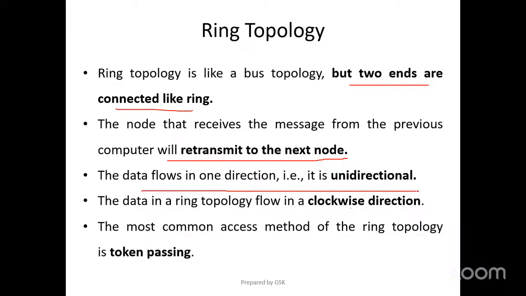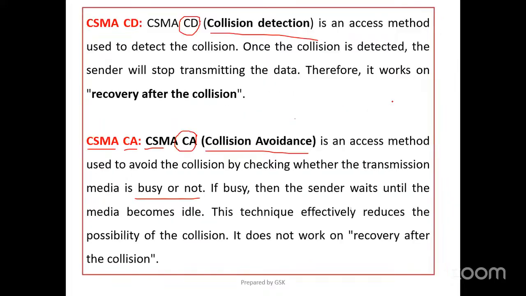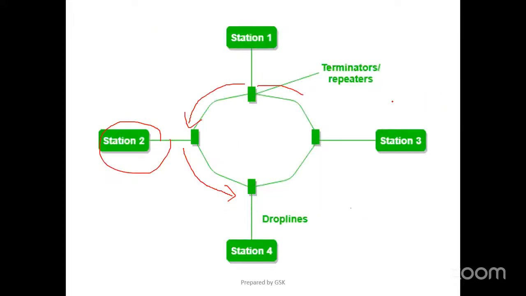The next important point is, as we covered in the bus topology, the direction of the flow is bidirectional. Observe here, the data can flow from left to right and right to left. But coming to the ring topology, the direction of the data flow is unidirectional.